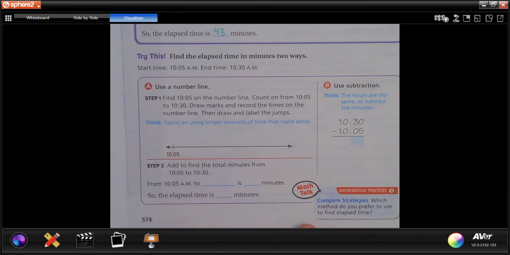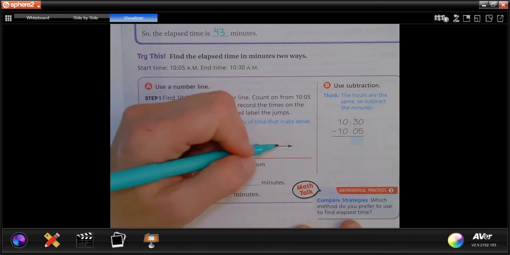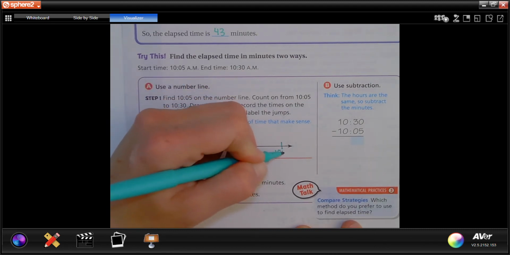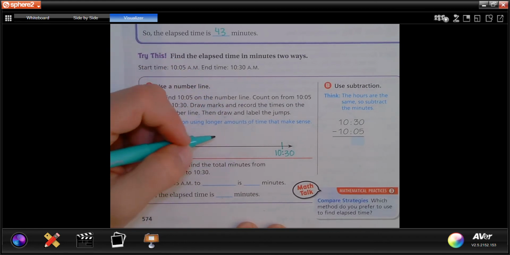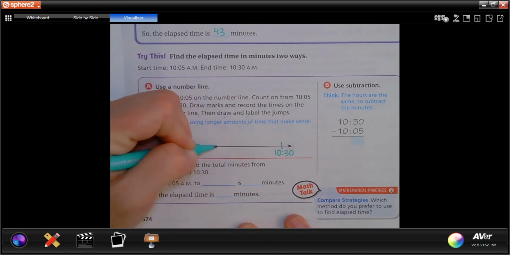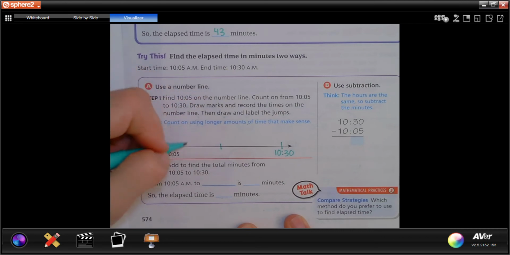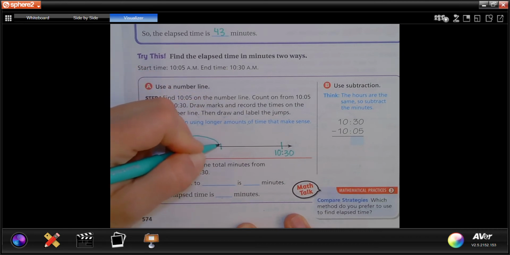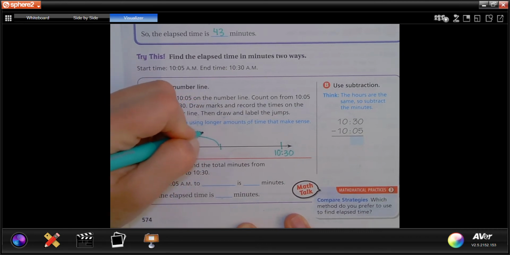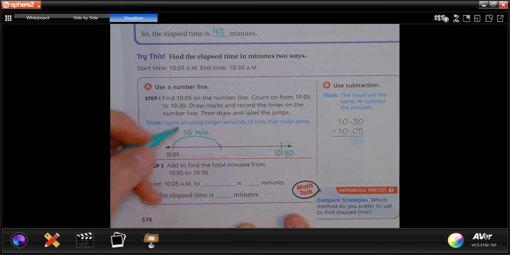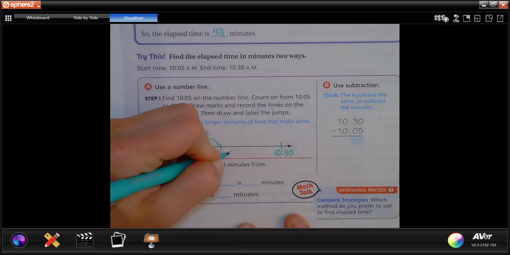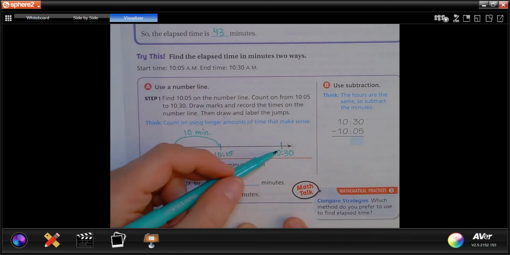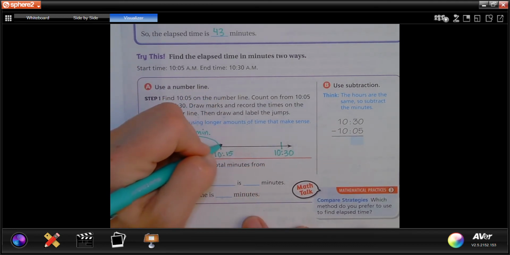Okay, well we're going to start at 10:05 and we need to get to 10:30. Well, let's do 10 minutes because that's a longer amount of time. So 10 minutes after 10:05 is 10:15. Well, then that 15-minute increment gets us all the way to 10:30. So let's do the 15.